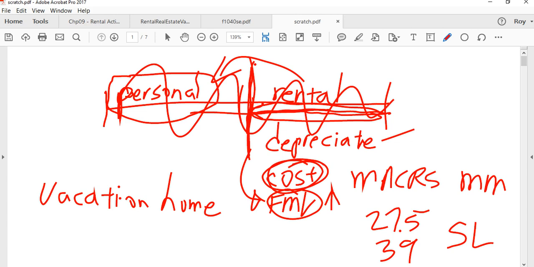Well, if you have this mix of personal and rental throughout the year, then there's going to be other rules that apply to limit the amount you get to deduct.